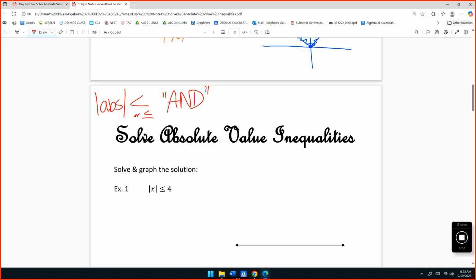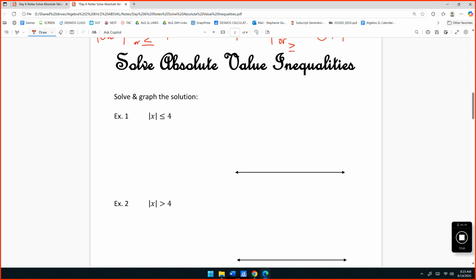And if you have absolute value is greater than, or greater than or equal to, what do you think that one's going to be? Or. So think more or. More than or. More or, less than and.